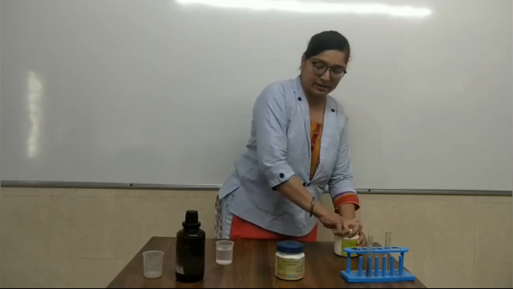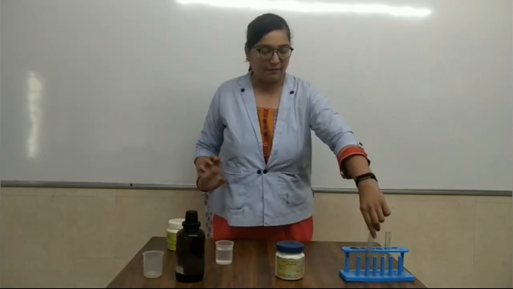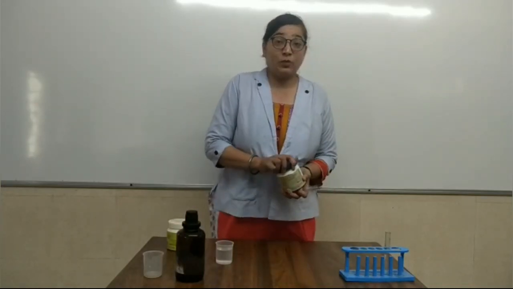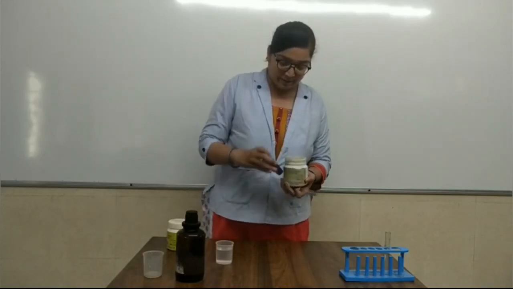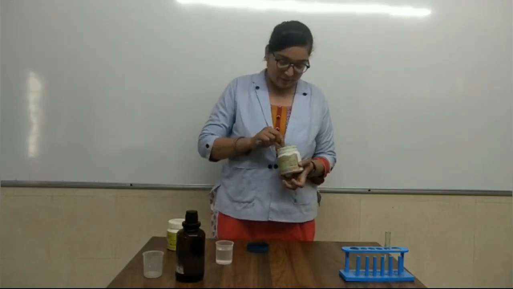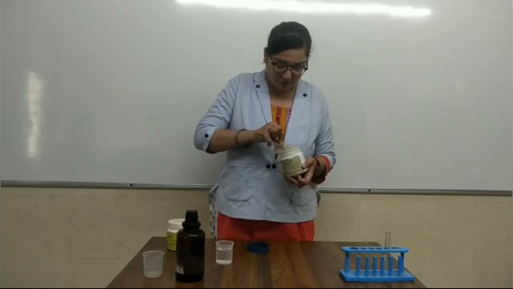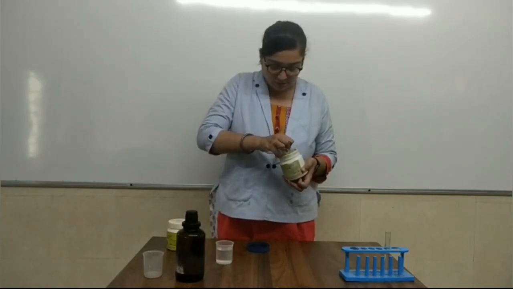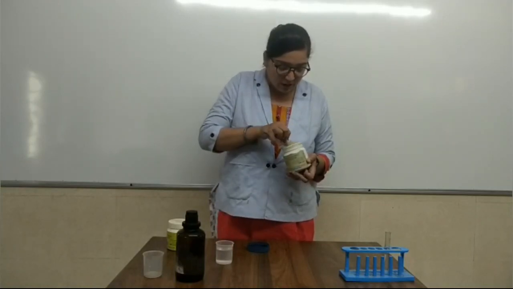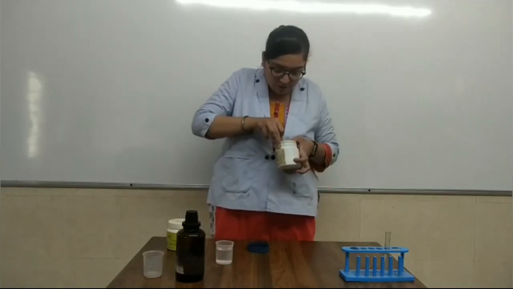Now let us make a little bit of ferrous sulfate solution. We need to make it freshly prepared. Little amount of ferrous sulfate. A chunk is present over here and we'll remove it.